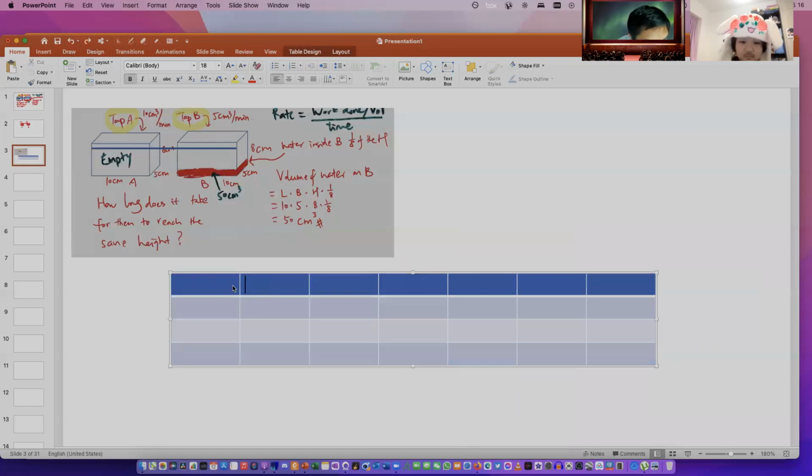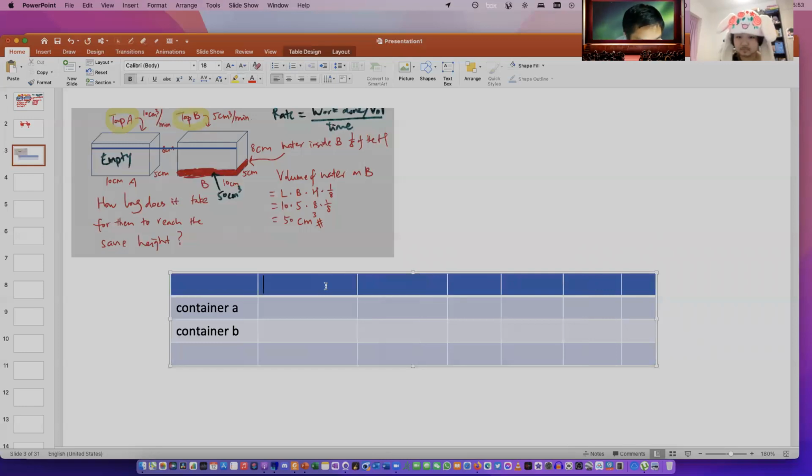You can actually choose the dimension, the amount of boxes. Yeah, exactly. But you know what I like to do? I always like to choose more than I need, so that it's good to cut down. It's harder to add. Yeah, that's why I choose more than I need.